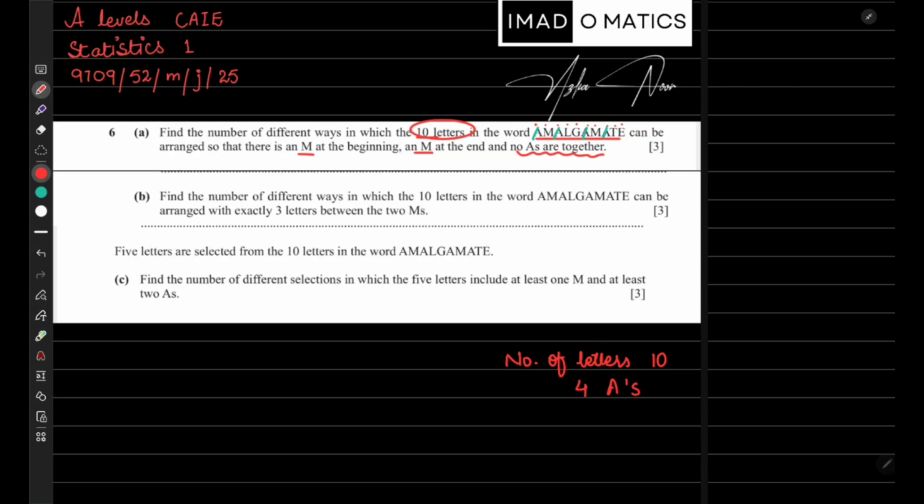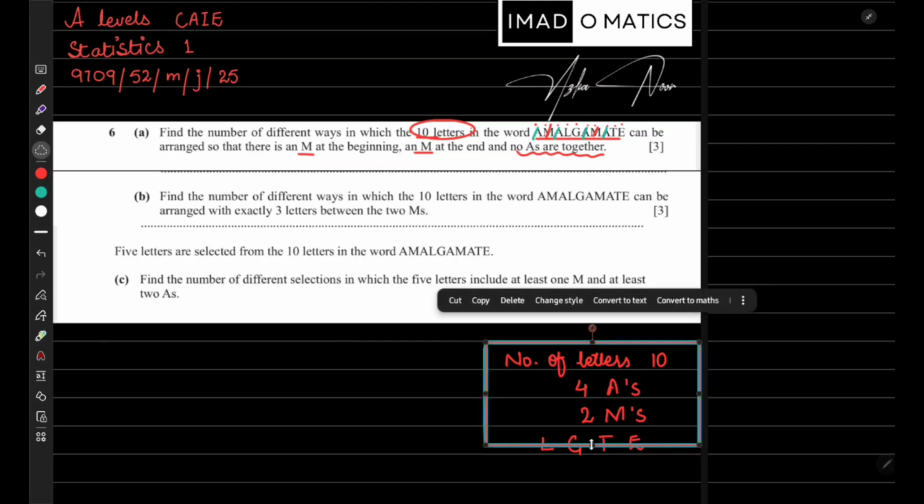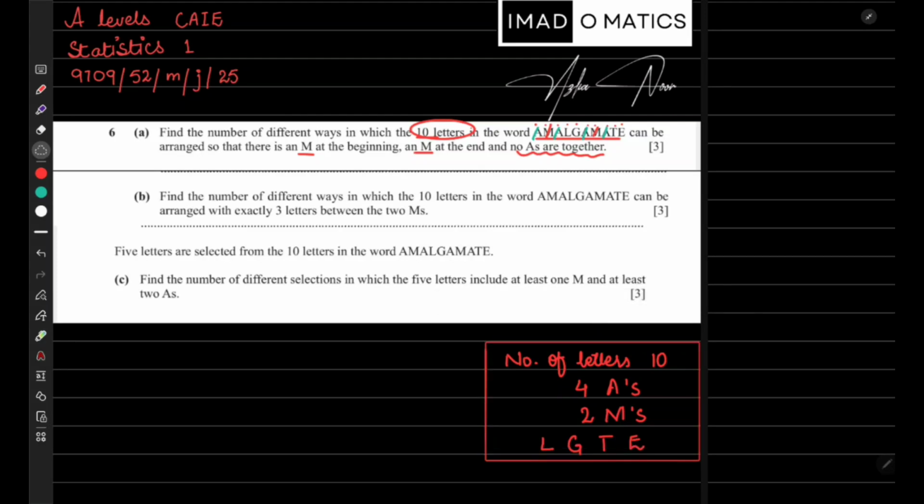How many M's do we have? 1 2, 2 M's. Is there any other repetition? No. The rest of the letters are L, G, T, E. These are just ones. So this is the calculation for your letters.